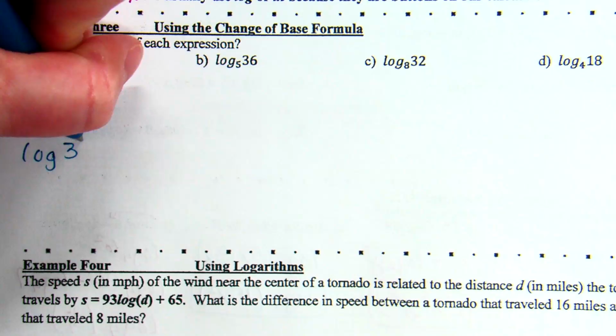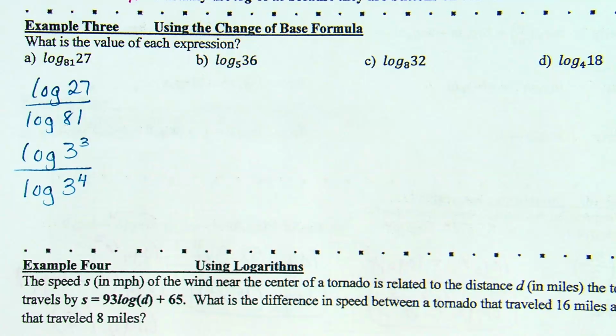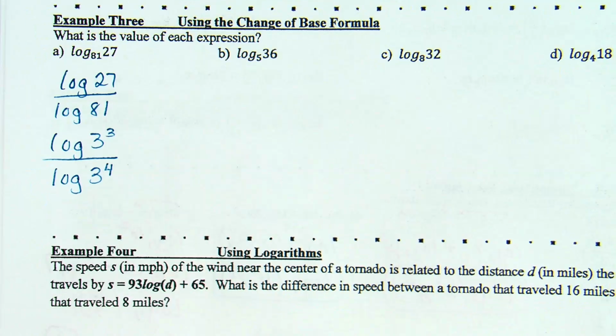The other option, though: what can we do with those powers of 3 and 4? Move them out front. If we move those powers out front, this is 3 log 3 divided by 4 log 3.